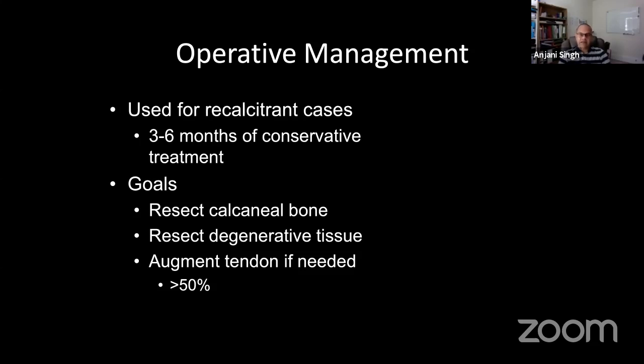And in that case, for insertional or non-insertional, I need to look at the substance of the Achilles tendon. Is that due to hypertrophy of the bone, whether I need to resect the calcaneum, or also how much degenerative tissue is there, how much of the Achilles tendon is actually viable rather than non-viable tissue.